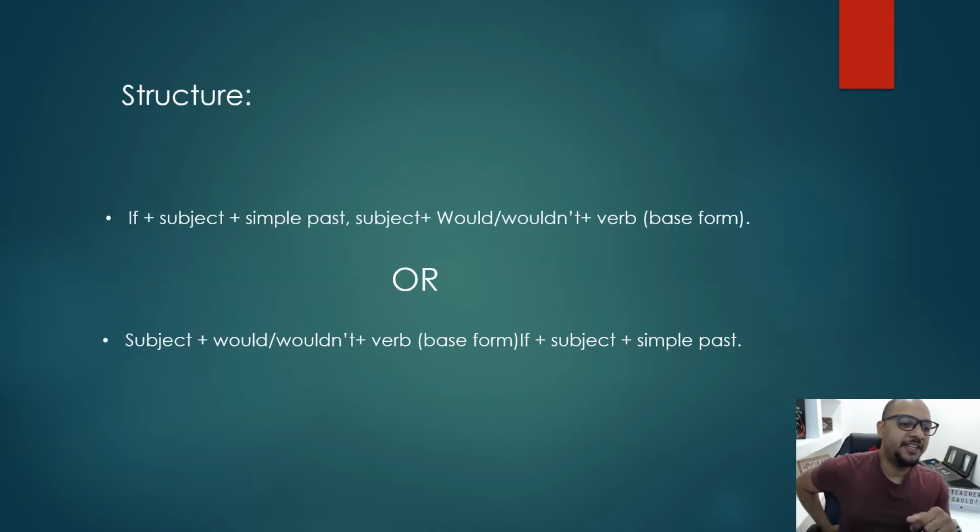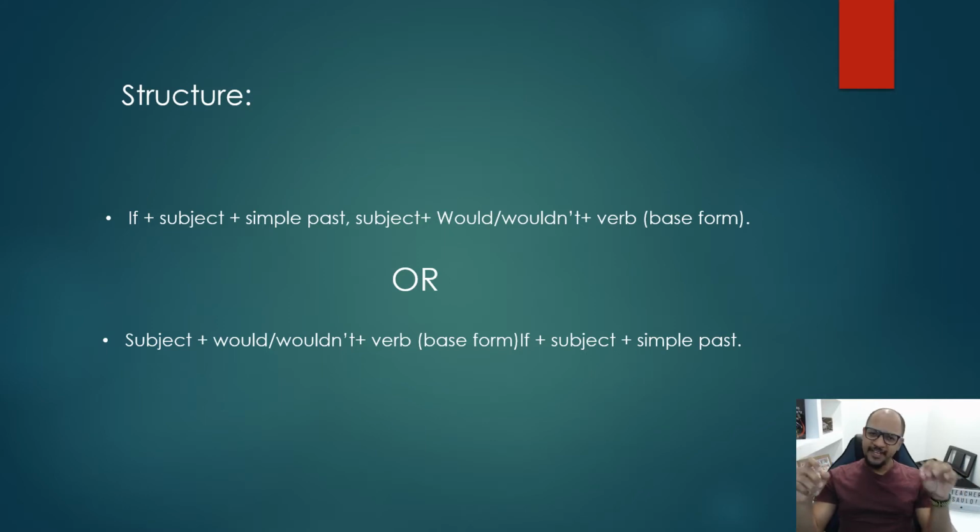Now, we have the structure here, the structure of the second conditional. The structure is: if plus subject plus simple past, comma, it's very important, comma, plus subject plus would or wouldn't, plus the verb in its base form.